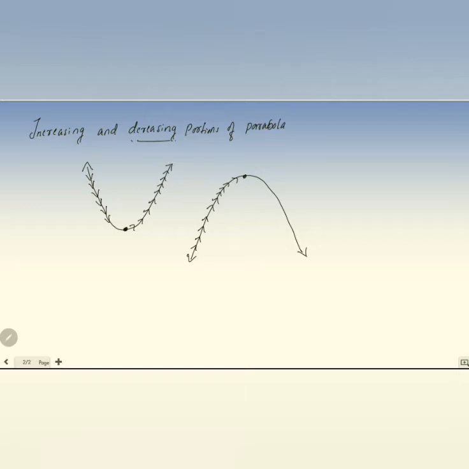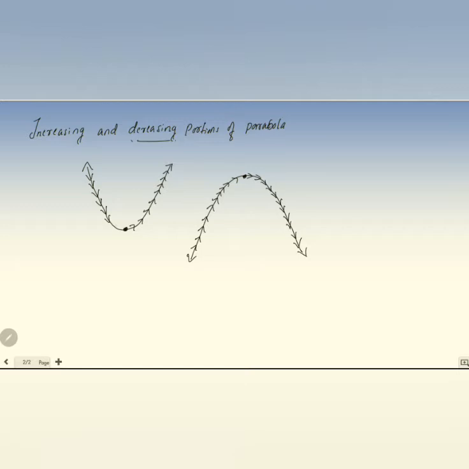That is why it is called a stationary point. We sometimes call the turning point a stationary point, meaning at that point the graph is neither increasing nor decreasing. Then after that, the graph started decreasing. You see that? So these are the increasing and decreasing portions of both concave up and concave down parabolas.